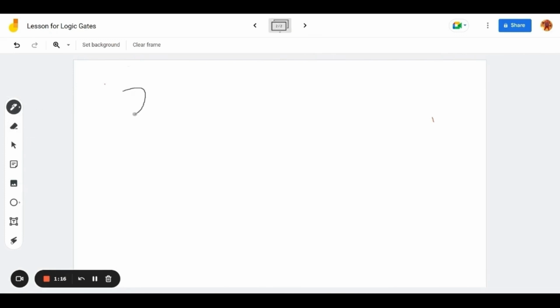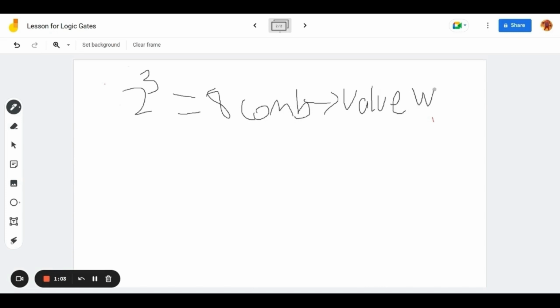So we would do 2 to the power of 3 equals 8. So we know that there are 8 combinations, which means the value will be 8 digits long.